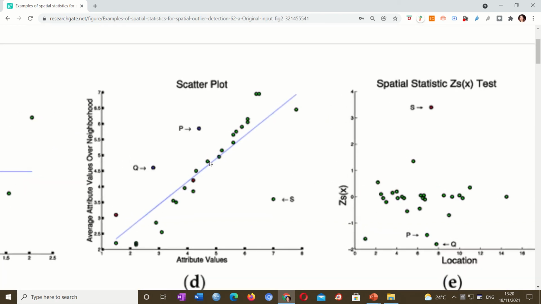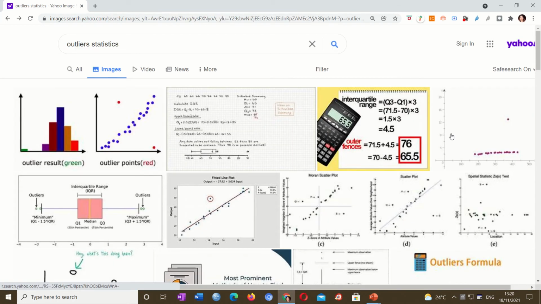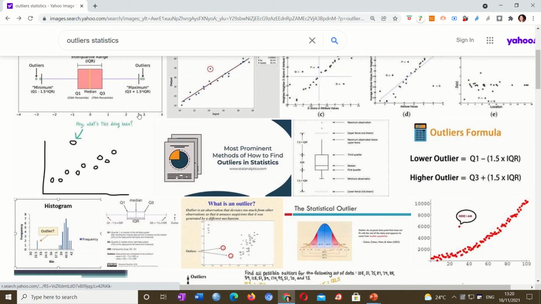You can see that most of the measurements are close to each other, except this one here, this one, and this one. These are called outliers. And this is a scatter plot, okay? We are going to see them also. Now here, this is an outlier, okay?